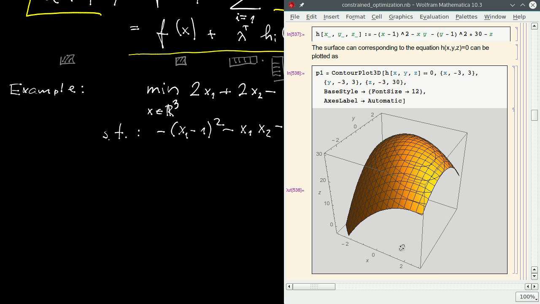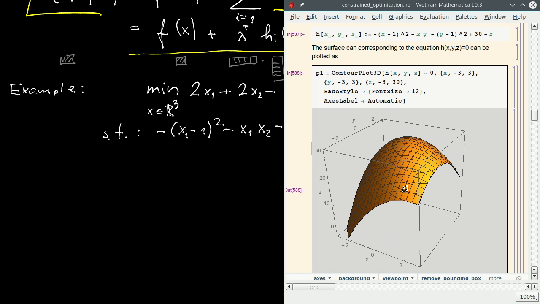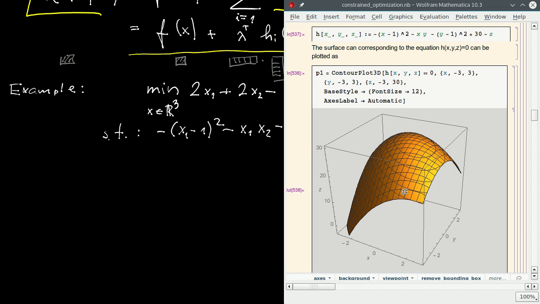It's only those x that lie on this surface that we can use in the optimization, nothing else. And I'm sorry that I always use the default setting, so rather than x1, x2, x3 in my mathematical plots, I will always have x, y and z. I hope you can live with it.